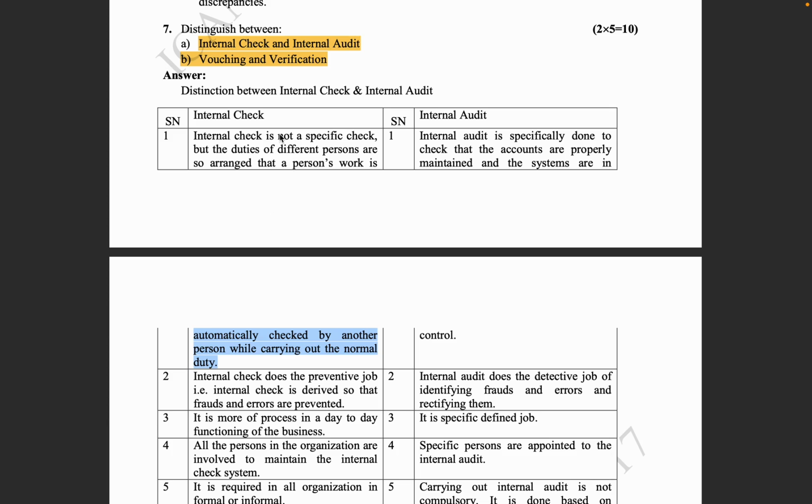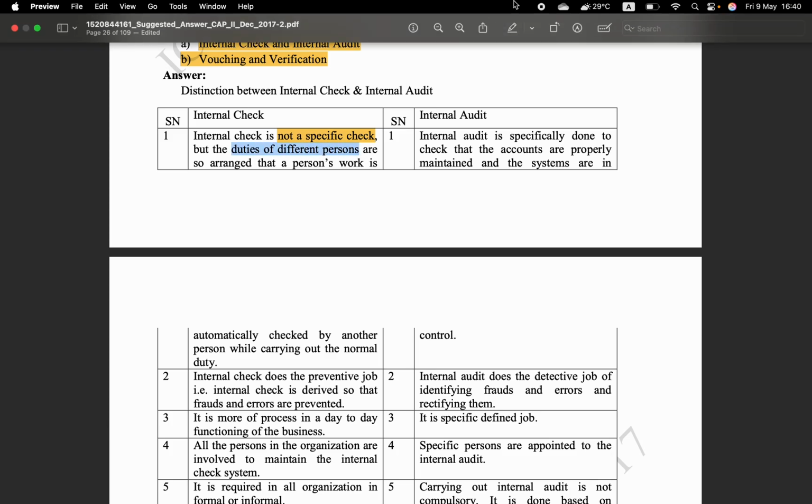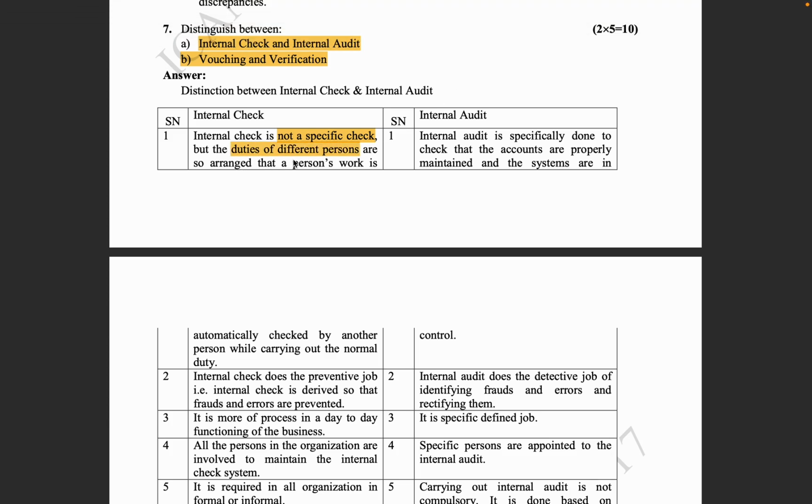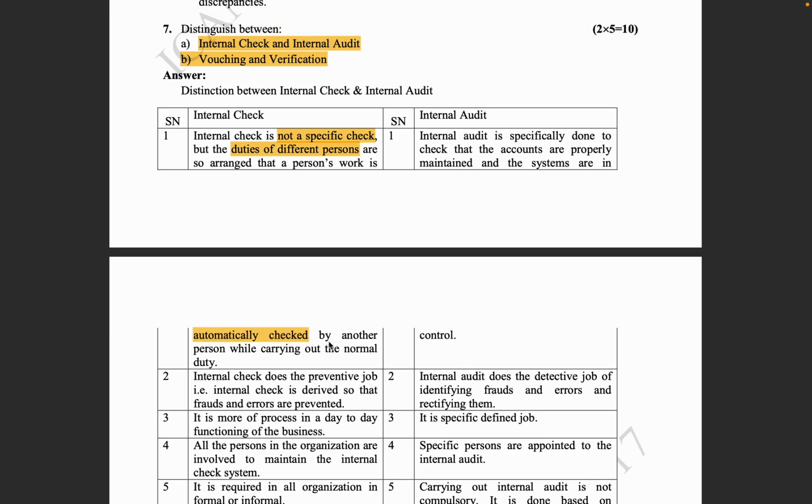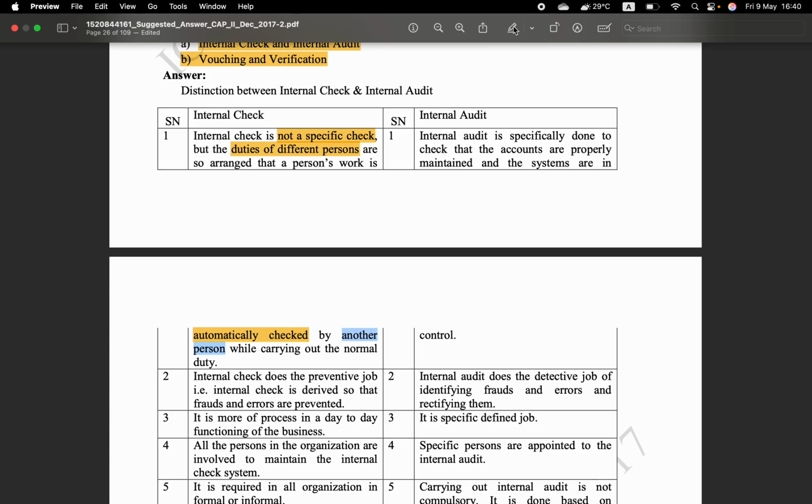Internal check is not a specific check, but the duties of different persons are arranged so that a person's work is automatically checked by another person in the normal course of business or duty.